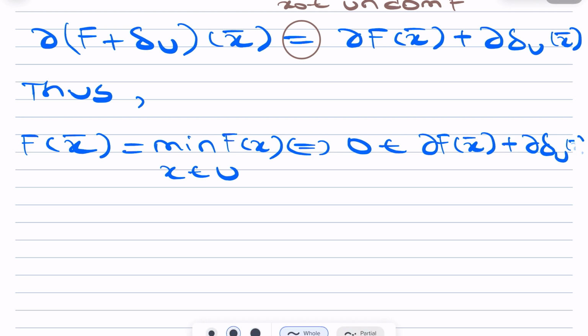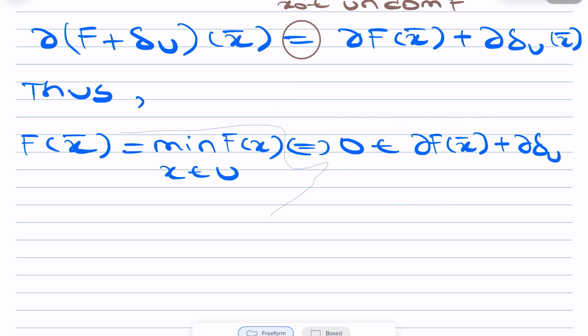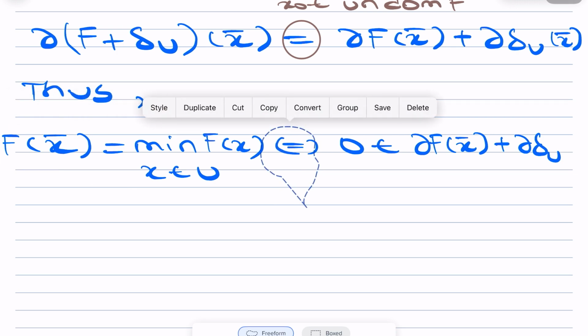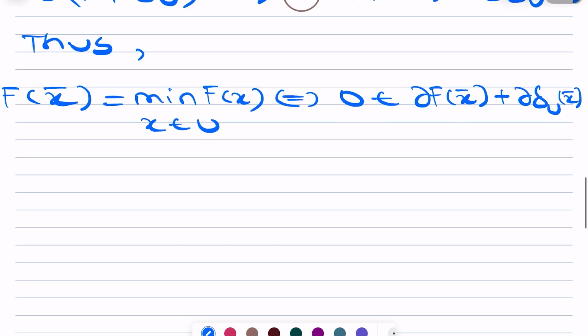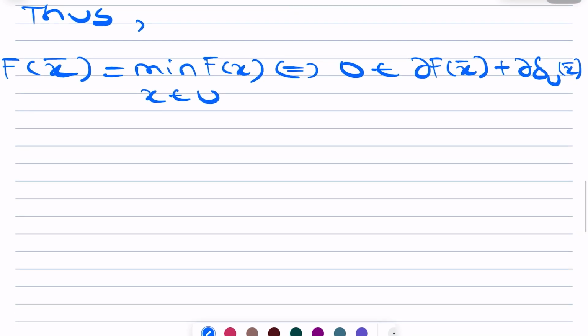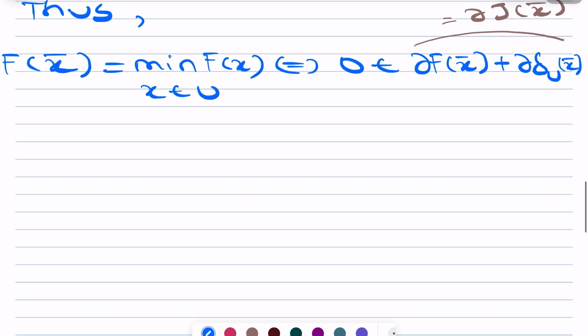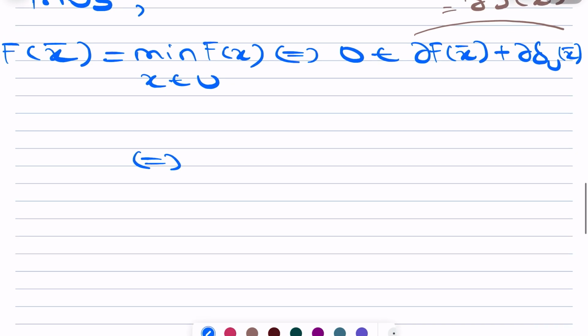Let me try to create some space. Okay, so don't get confused, everything is fine. Now we are just applying the definition.